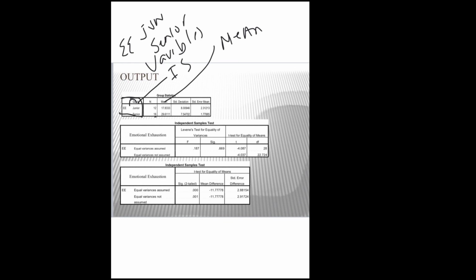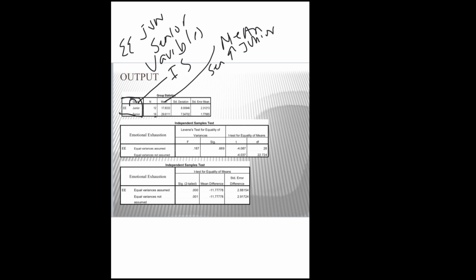What does between the means mean? Between these two, one is higher than the other. In this case, the seniors were higher than the juniors.